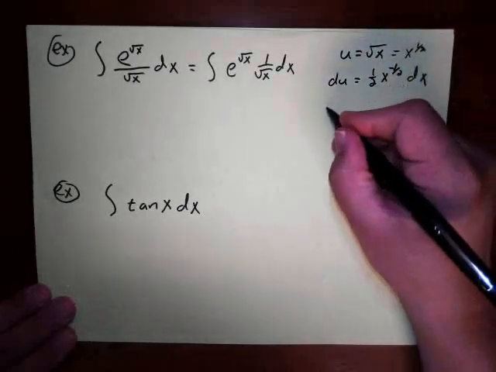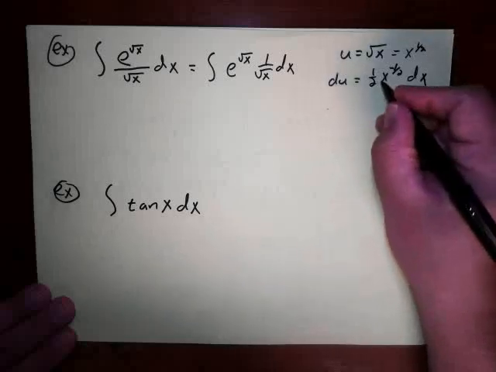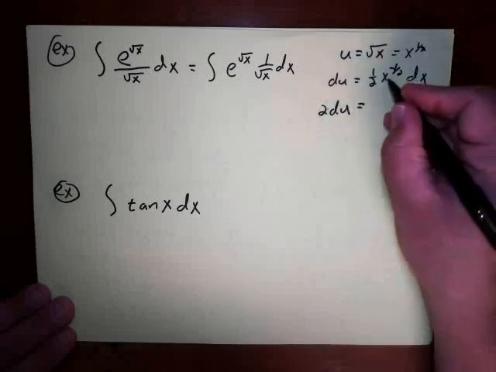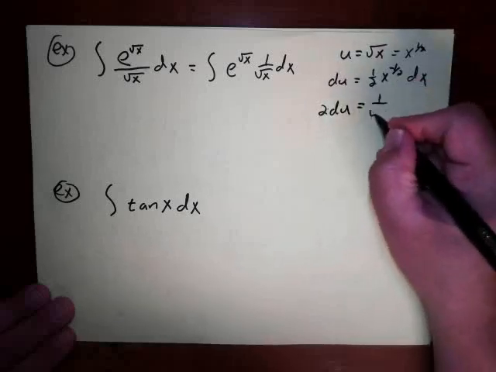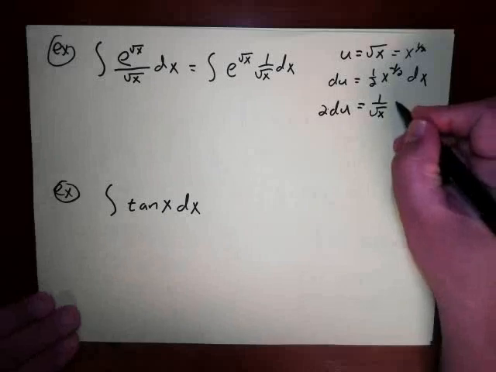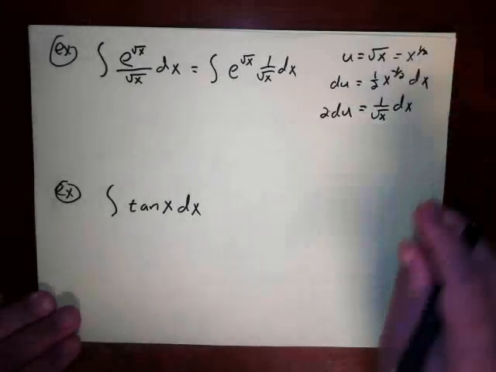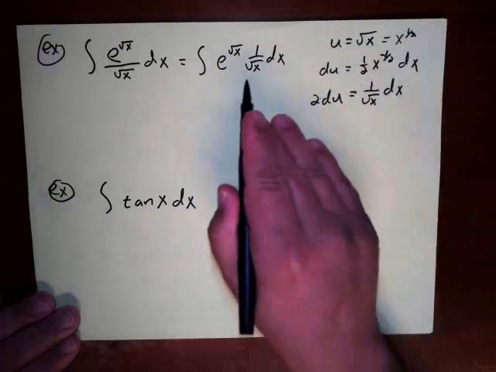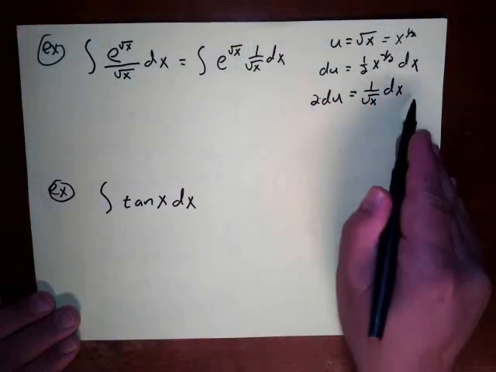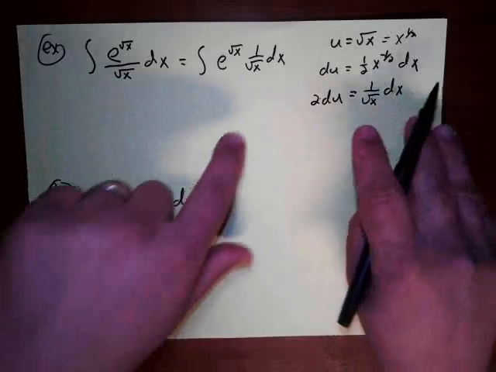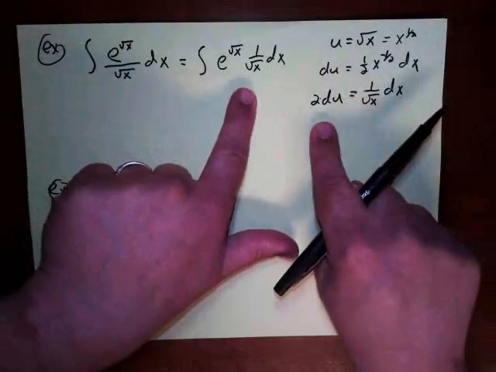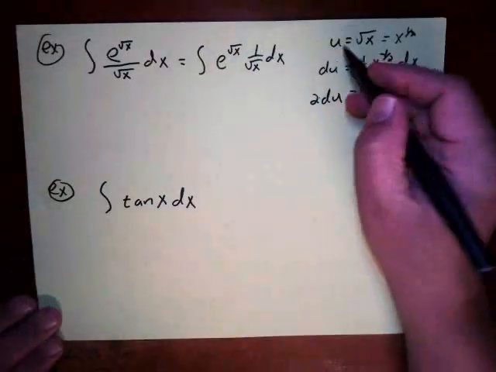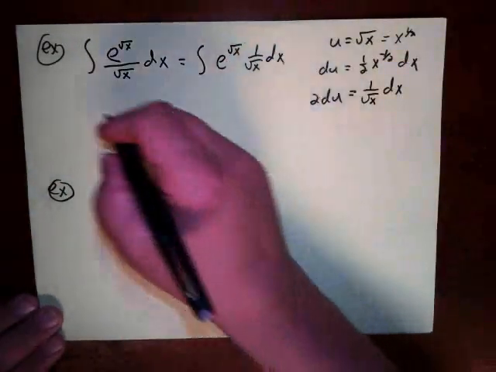But what I notice here is I'm going to bring this 1/2 to the other side, so I get 2 du, and then this x to the negative 1/2 is 1 over the square root of x dx. So bringing that 2 to the other side, then what I have here is what I have over here. They equal. And so I can do the substitution. I'm going to put in 2 du in for all of this, and then in for that I put u. u is equal to the square root of x.